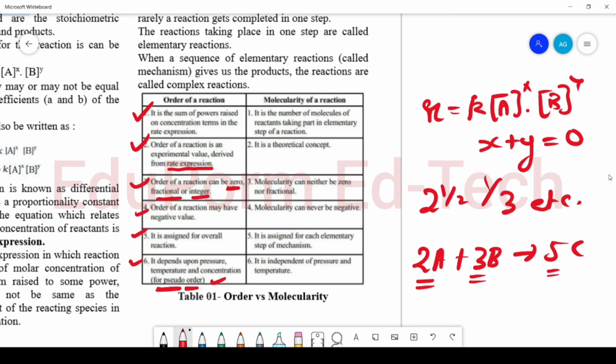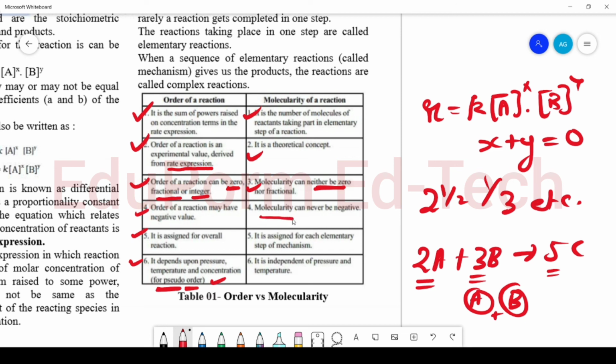So the molecularity is the number of moles, or we can say the number of molecules which are reacting in any reaction. It is a theoretical concept, it is not calculated experimentally. Molecularity can neither be 0, because if a reaction is taking place, we need some molecules, and half of a molecule will not give the reaction obviously. So we need full molecules. So it cannot be fractional and it cannot be 0.